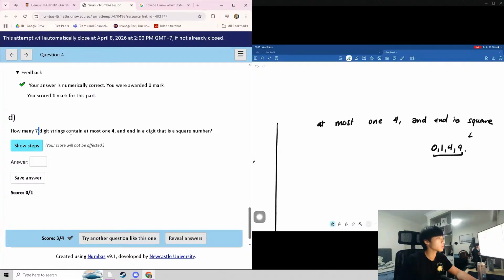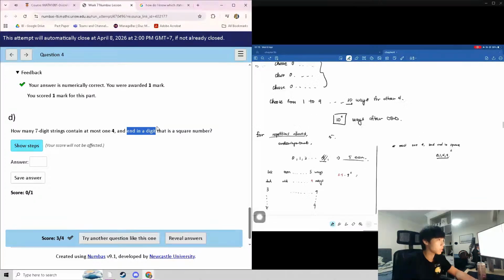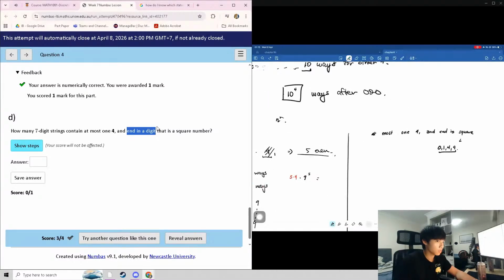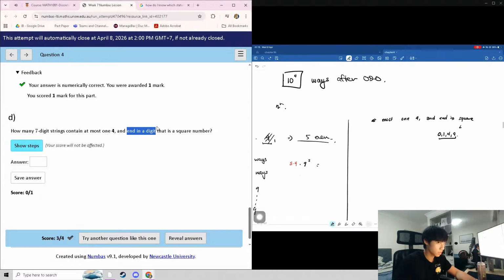How many 7-digit strings contain at most 1 four and end in a digit that is a square number? So order is important, and repetitions are still allowed.